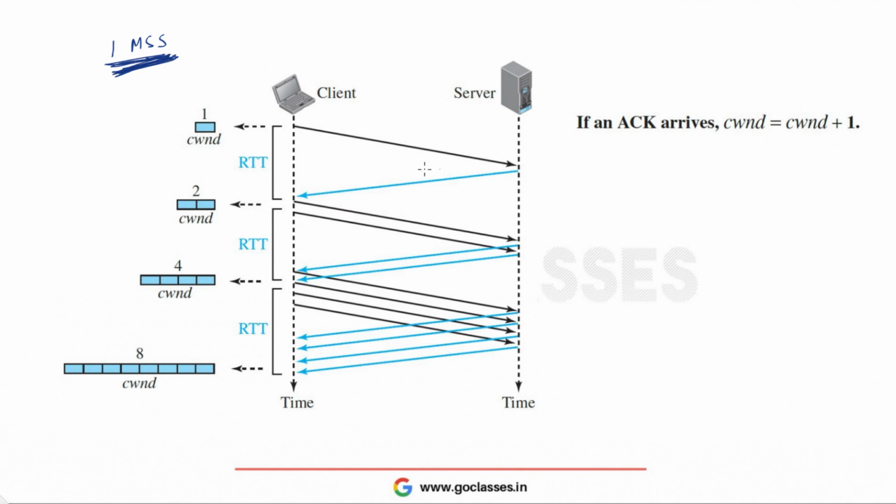The second assumption is that if you are sending some packet, then although you are using cumulative acknowledgement, that is completely fine, every packet is also being acknowledged. Which means if you are sending one packet, then an acknowledgement is sent for this packet. If you are sending two packets, then two acknowledgements will be sent.